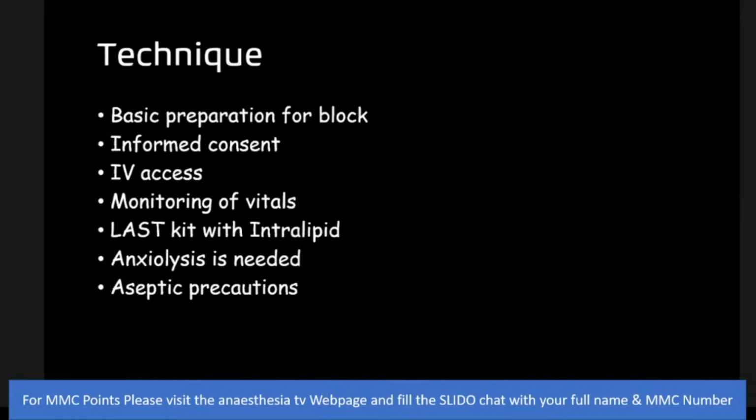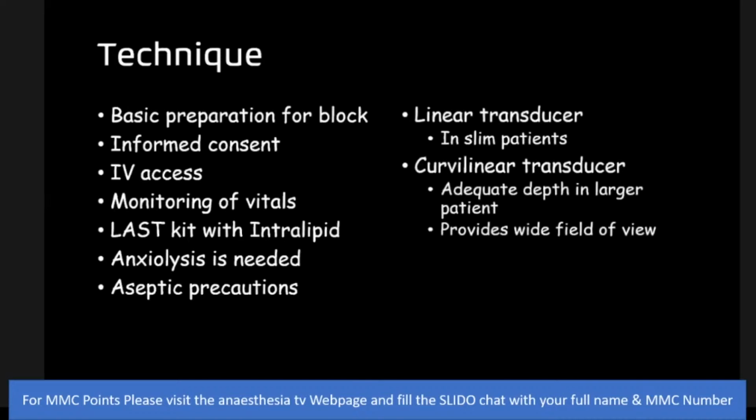The usual preparation protocols for any regional anesthesia must be followed for PENG block as well. A linear transducer can be used for slim patients, while a low-frequency curvilinear probe should be used if the target structures are deeper than 4 centimeters.